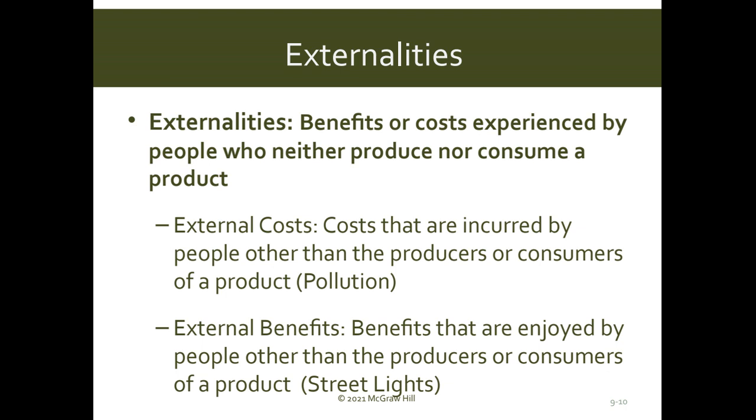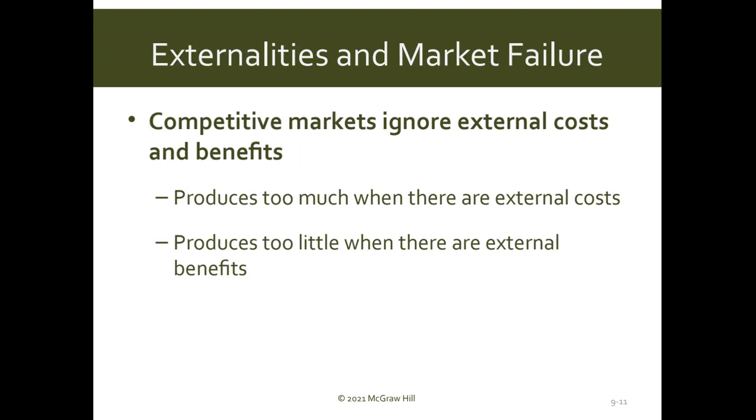Now I will discuss how these external costs and benefits impact the perfectly competitive market structure. So competitive markets, which we just discussed, that is the perfectly competitive market structure, ignore external costs and benefits.